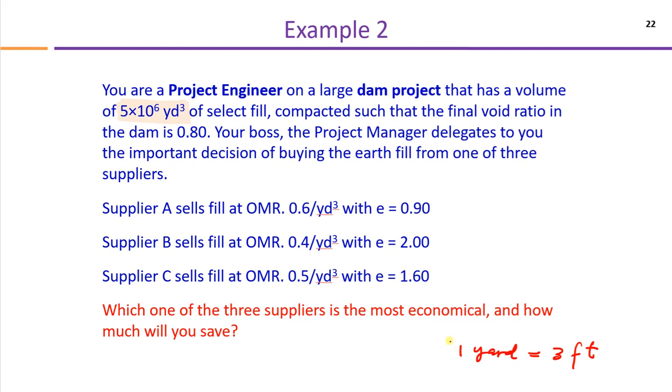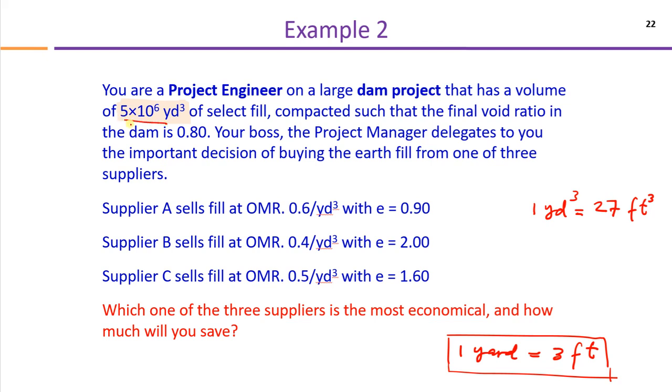So when the quantities are big, then instead of using cubic foot, we use cubic yard. So remember, 1 cubic yard is equal to 27 cubic foot. Anyway, the volume of this project is 5 into 10 raised power 6 cubic yard, or 5 million cubic yard.